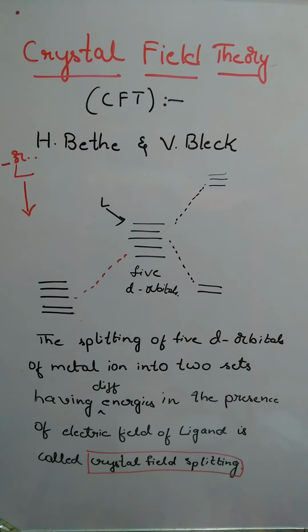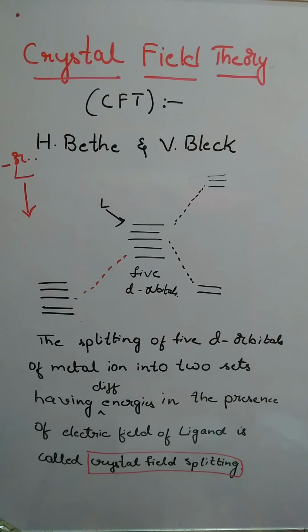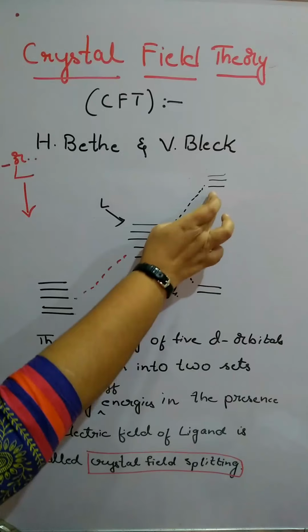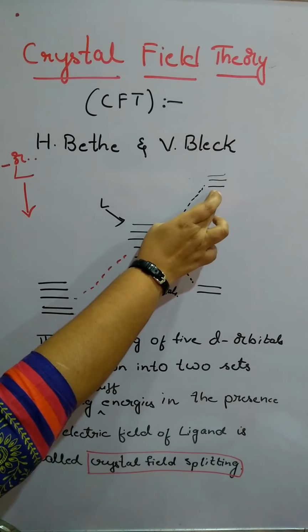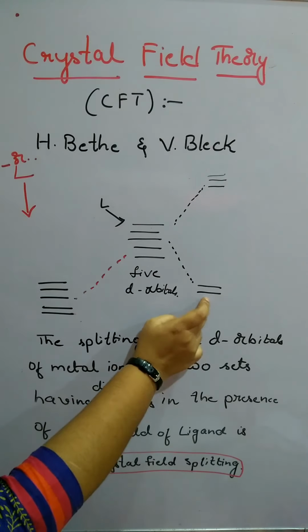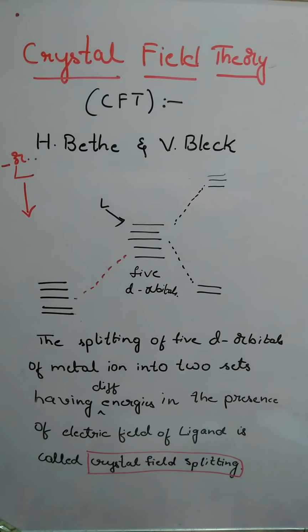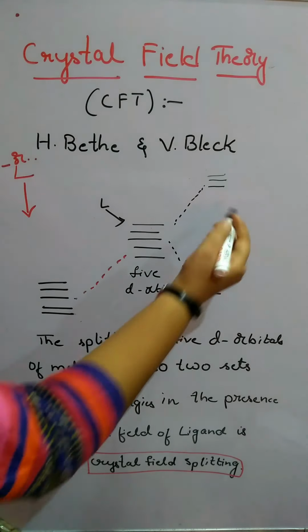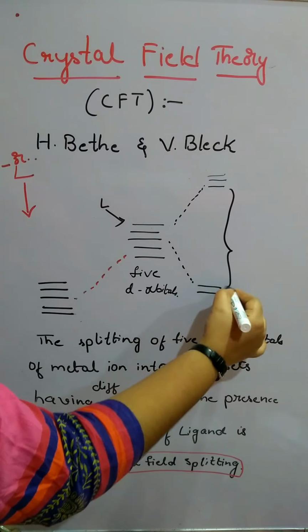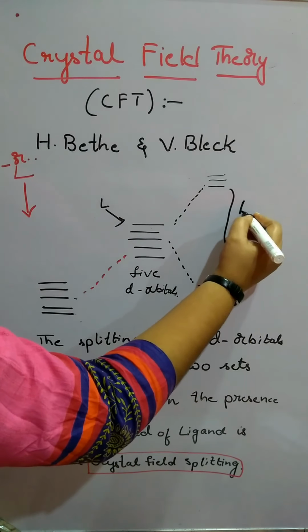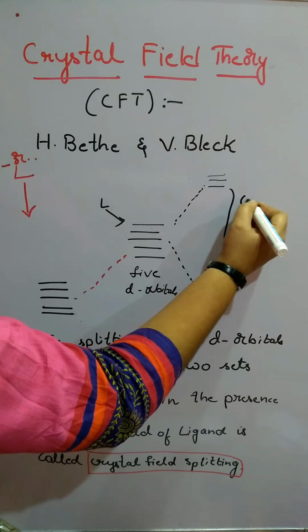The extent to which the energies of these two sets of orbitals are split is called the crystal field splitting energy. That is nothing but the energy difference between this set and this set. So we can write that the energy difference between them is called crystal field stabilization energy or crystal field splitting energy.